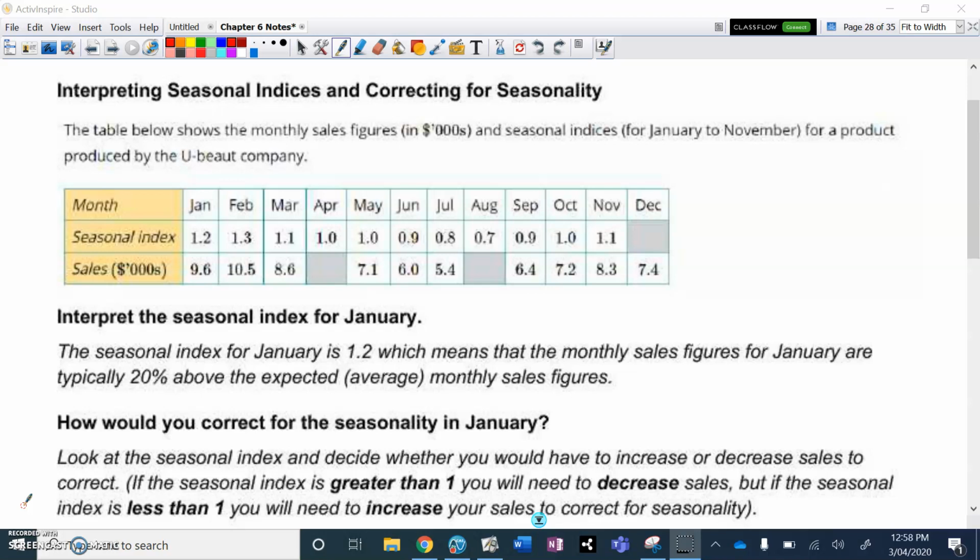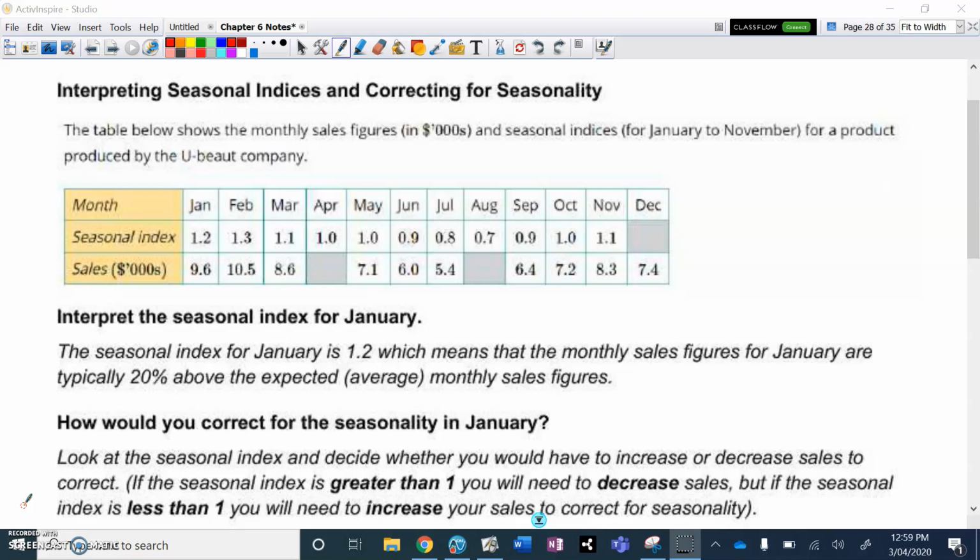Similarly, if you were looking at February, a figure of 1.3 for the seasonal index means that sales for February are typically 30% above the expected average monthly sales figures. Something like November, a seasonal index of 1.1, means sales for November are typically 10% above average monthly sales.